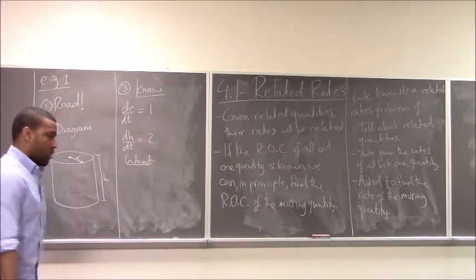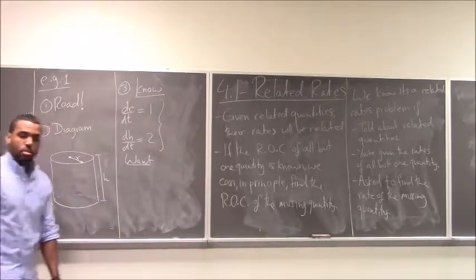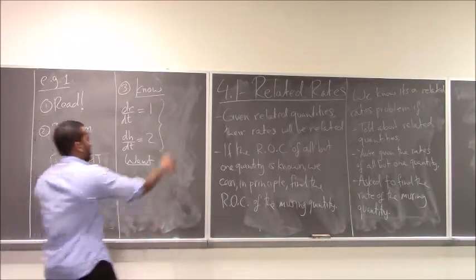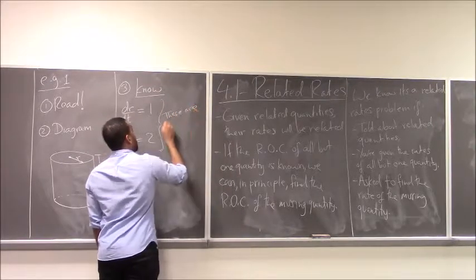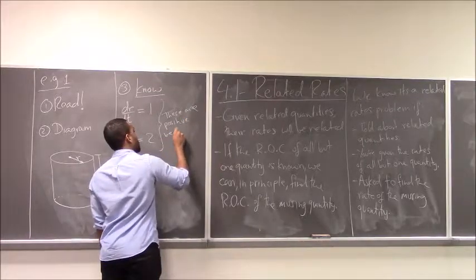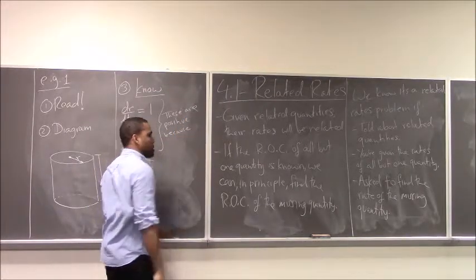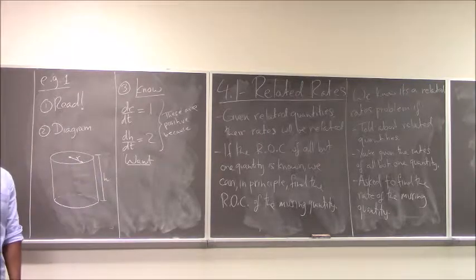Something I want you to realize is that there is something going on in the background that you have to be aware of. I wrote these down as positive numbers. Now that won't always be the case. Why can I write them down as positive numbers?